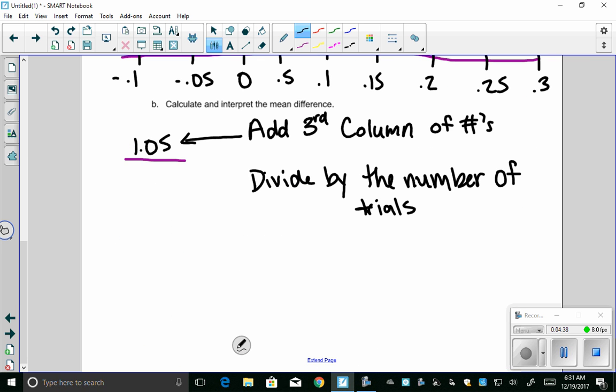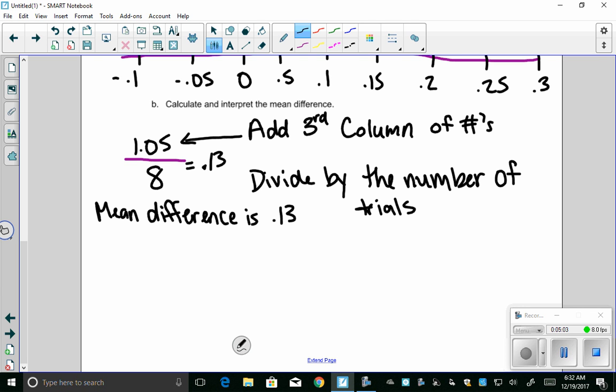Yep, 8. So 1.05 divided by 8 gives you 0.13. So your mean difference is 0.13.